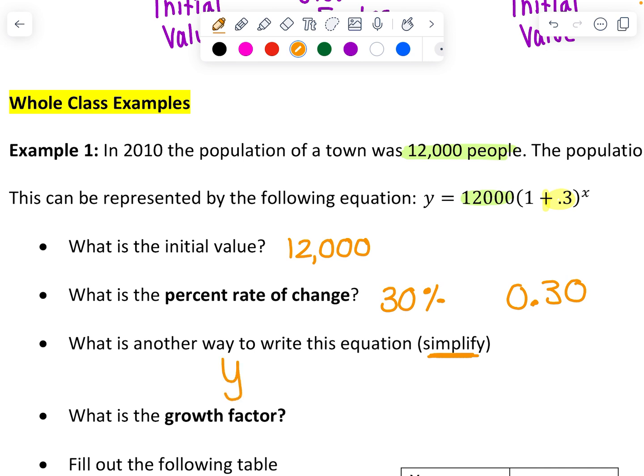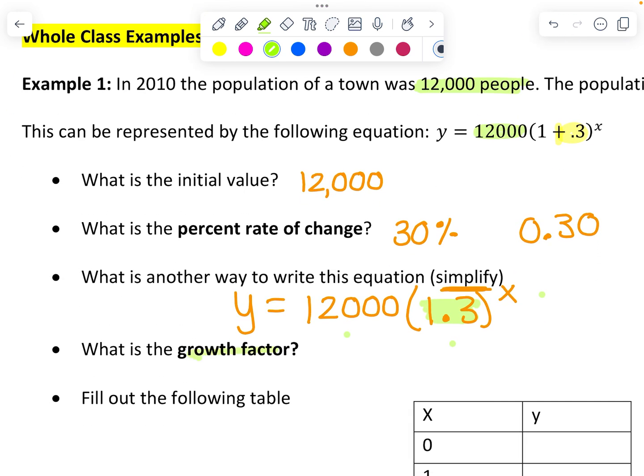So this equation could be written as 12,000, and then instead of having the 1 plus 0.3, you can combine it to be 1.3. When you do that, this is now in the form a times b to the x. So the 1.3 is the growth factor. That is what you would multiply by to get the next number.